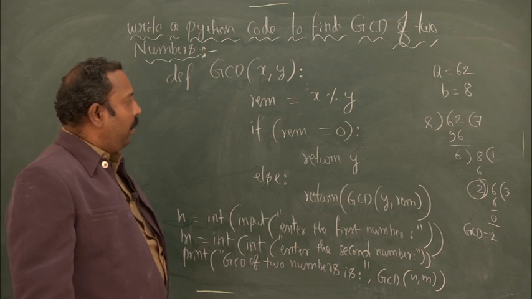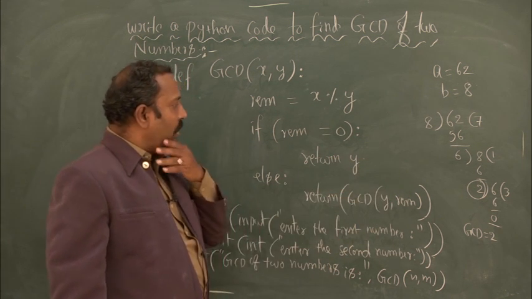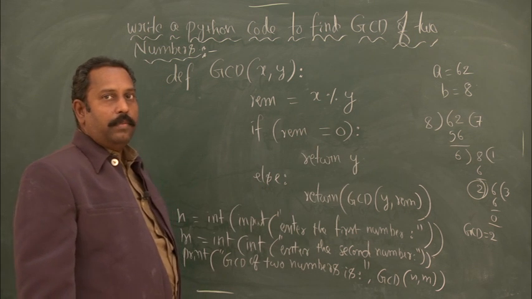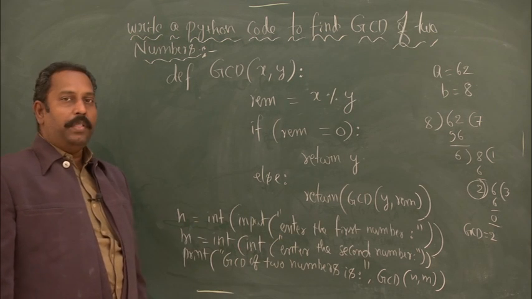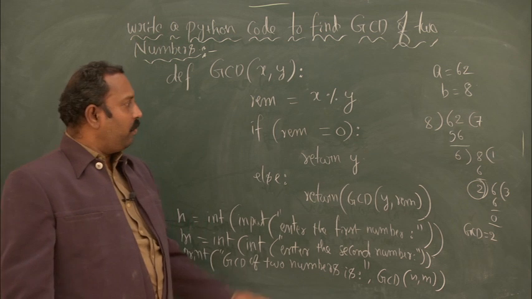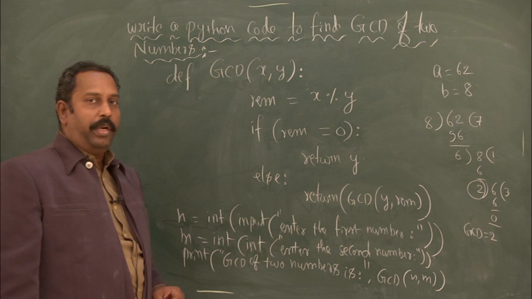So this is the logic to find GCD of two numbers. We already know how to find GCD of two numbers. So now we'll see how the code is going to be executed. To find the GCD of two numbers, what do we have to do? We have to read two integer values.